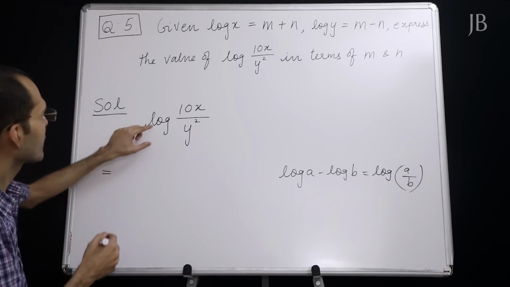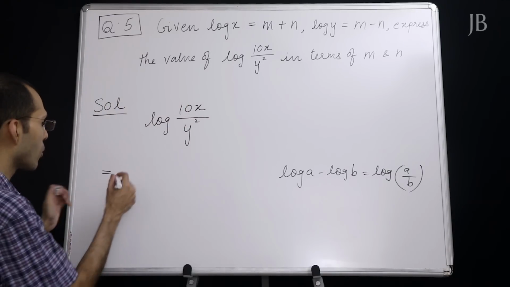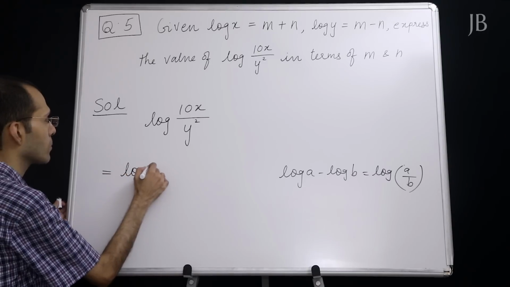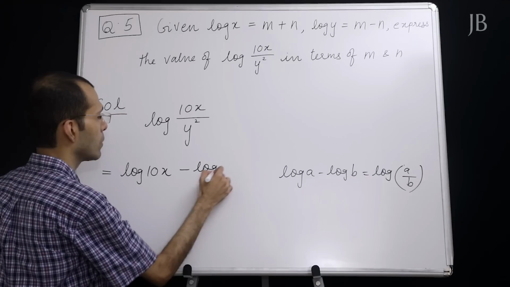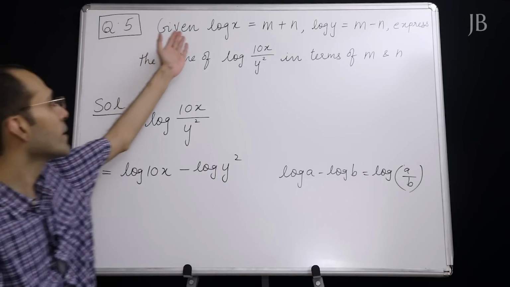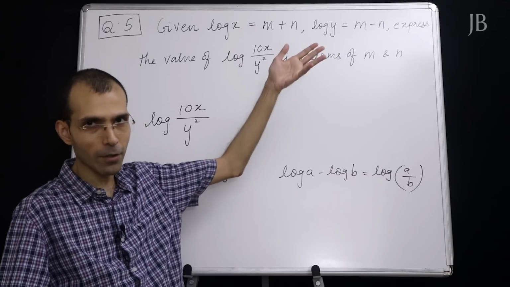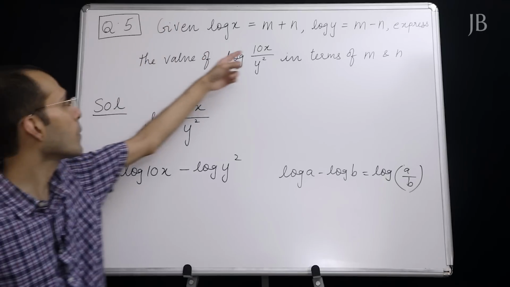Now this is log of a by b, so this will be log a minus log b. So log of 10x minus log of y square. And this data we have to use somewhere, directly or indirectly. Here log x is given and log y is given.